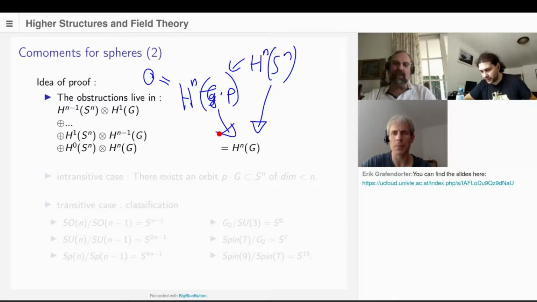Sorry, why does not transitive mean that this would be of lower dimension? It could be just leave out one point or something. Yeah, and then the point would be another orbit. So if your action is not transitive, there will be at least one orbit of lower dimension.